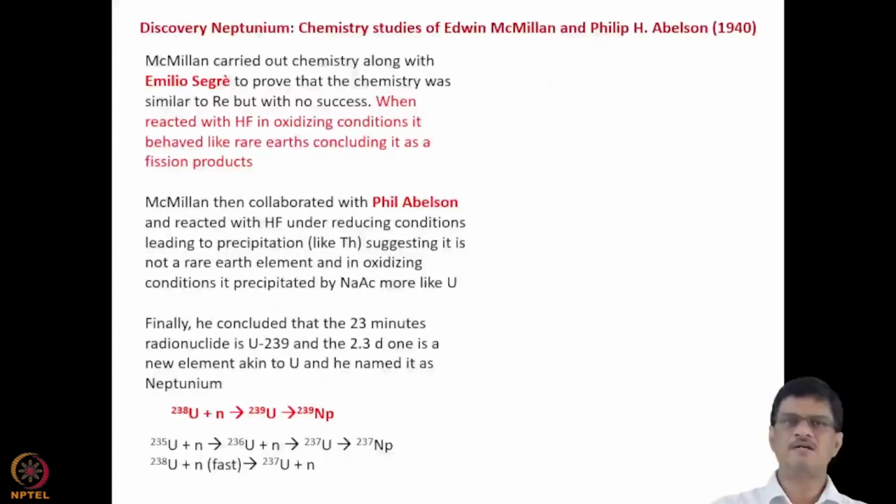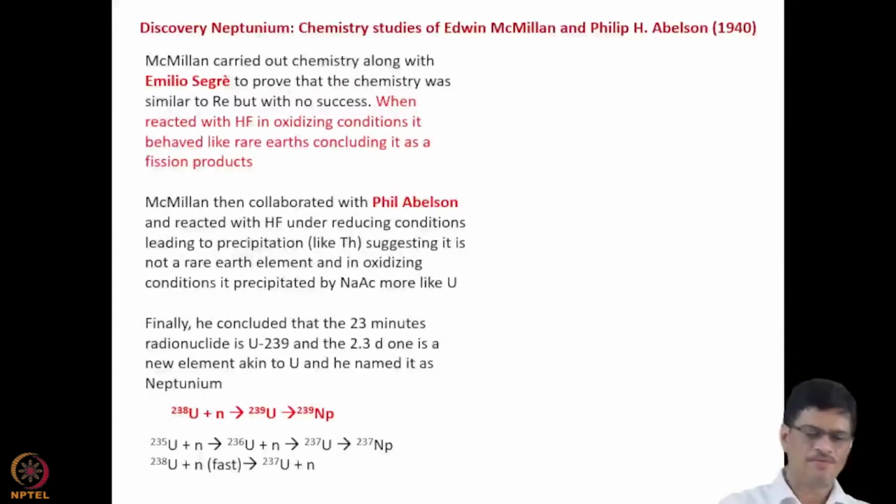Then he repeated the experiment in oxidizing conditions and precipitated with sodium acetate, and concluded that it may be similar to uranium. So finally, McMillan concluded that the 23 minutes radionuclide is nothing but uranium-239, which is the neutron-activated product of uranium-238 present in natural uranium, and the 2.3 days half-life radioactivity is a new element similar to uranium, and he named it neptunium.